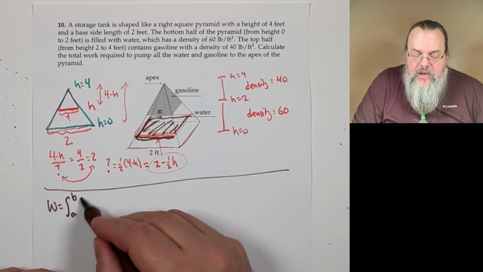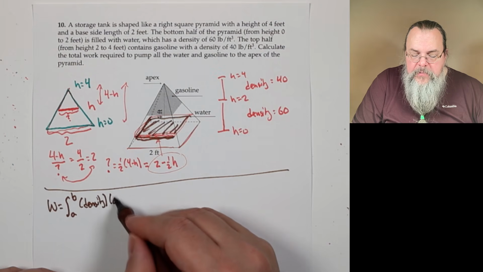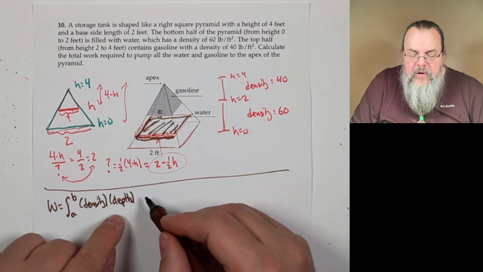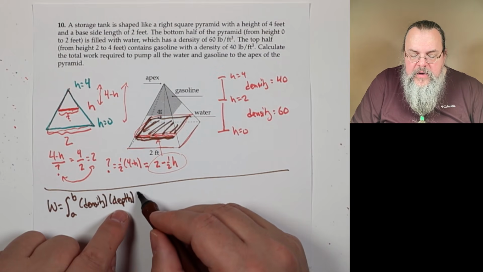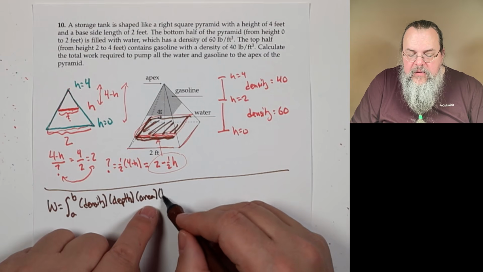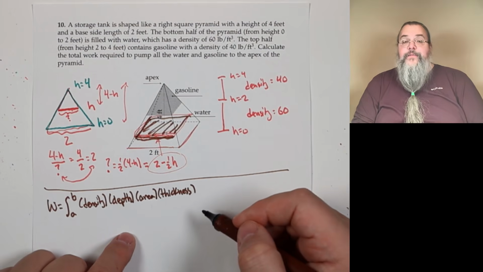You have your density, you have your depth, you have your area, and you have your thickness. Really, area times thickness is volume.